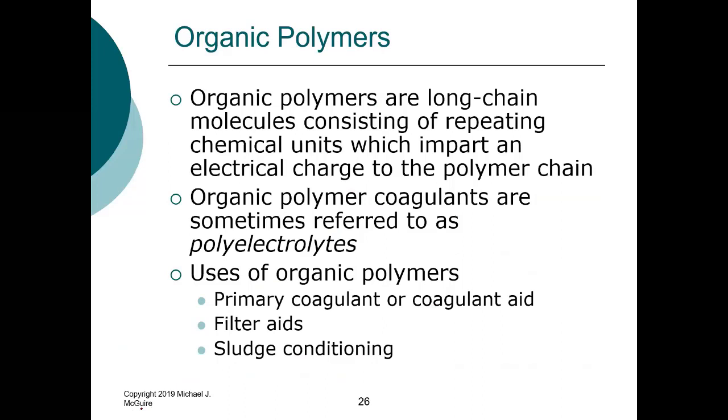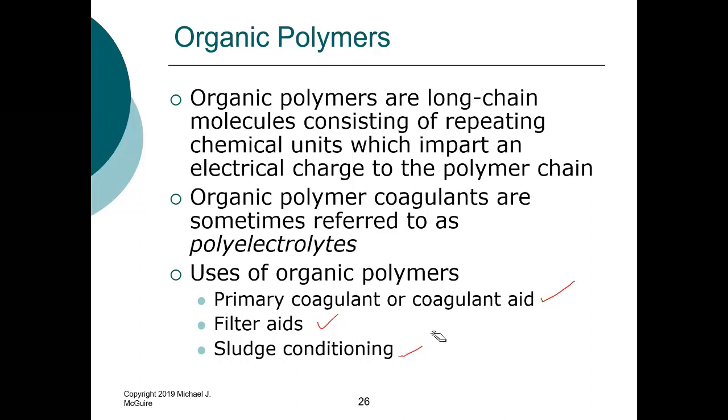These organic polymers include the dodecylammonium that I mentioned before. So you've got a long chain carbon molecule and then a charged end. As I've mentioned, if they're going to be used, they'll be used as coagulant aids. They may also be used as filter aids, basically to improve the filtration, achieving a more clarified solution, so you can actually get coagulation occurring in the filter.